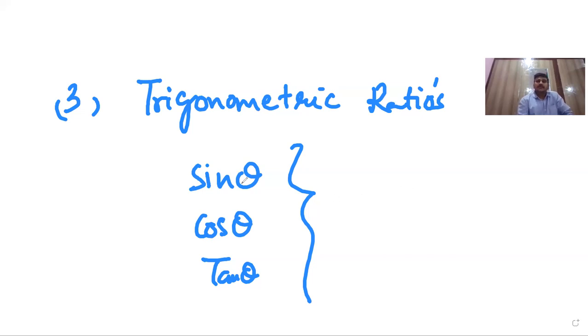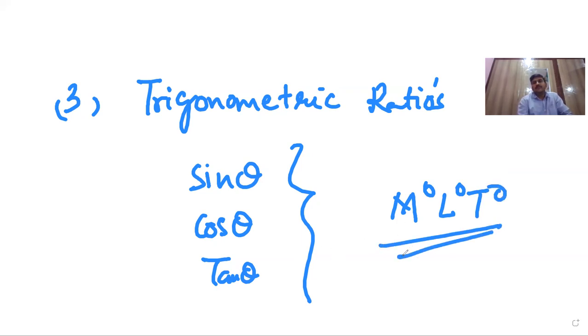Clear? What is sine theta? Opposite side by hypotenuse. Cos theta, adjacent side by hypotenuse. Tan theta, opposite side by adjacent side. So these are all ratios having the same dimensions. Henceforth, M to the power of 0, L to the power of 0, T to the power of 0 is the dimension formula.